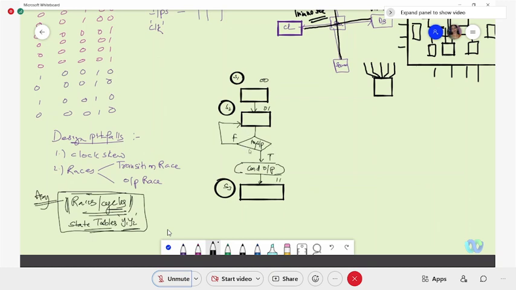The point of interest here is that the inputs are asynchronous, so there is a relation between races and the inputs. Okay?